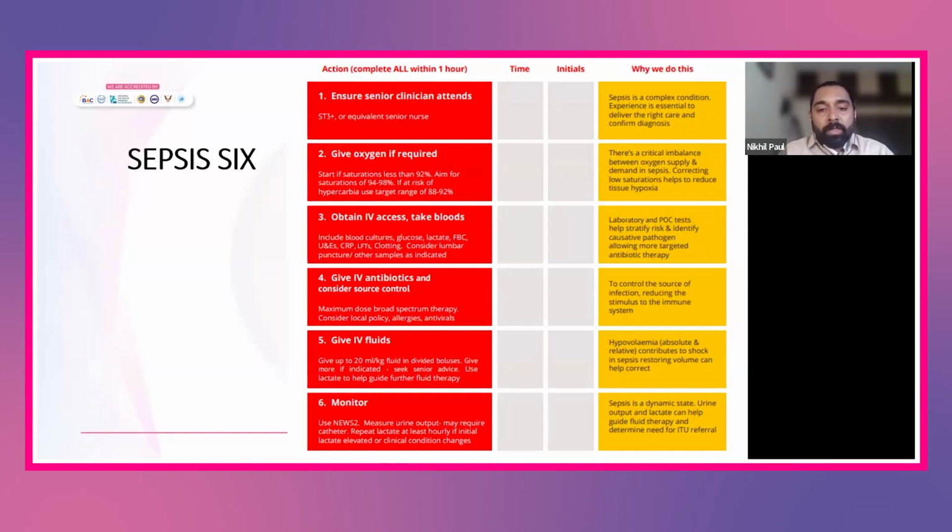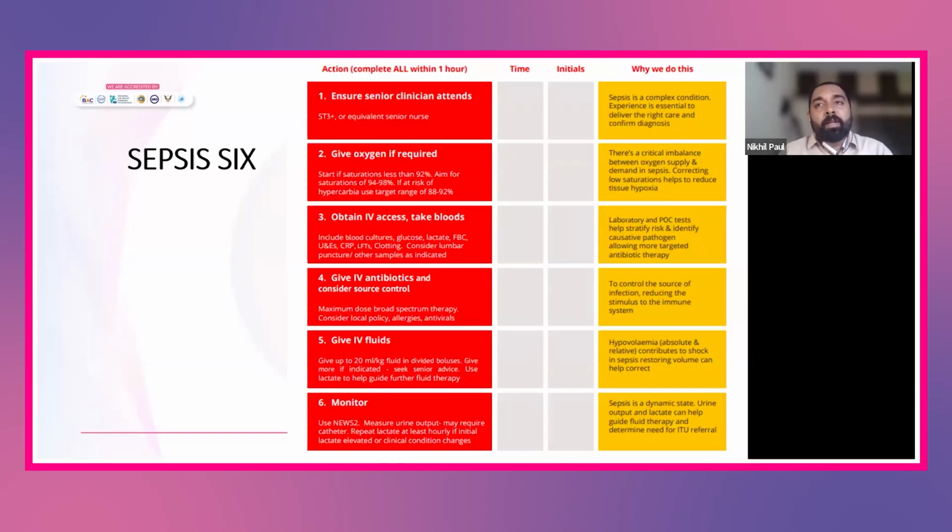Now comes the fourth step, that is to start IV antibiotics. We go for broad spectrum antibiotics. Along with starting IV antibiotics, we also go for source control.